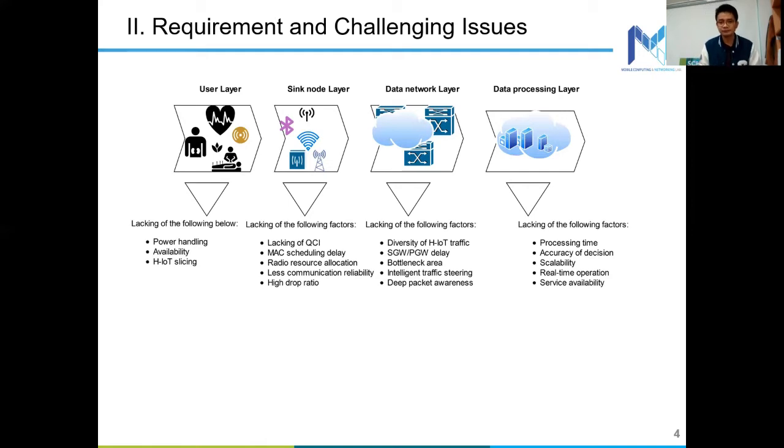And the data processing layer requires rapid processing time and accuracy of decisions, and must work well with scalability, because the data will be big. So it requires a real-time operation method and service availability.